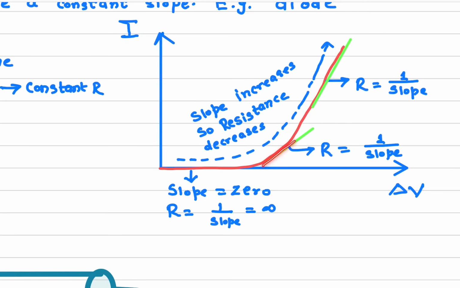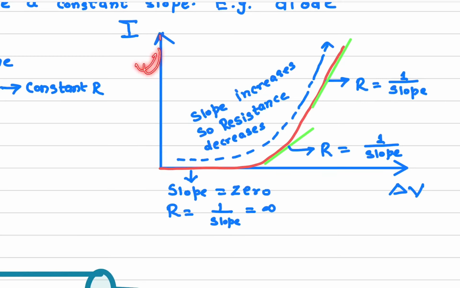So at any point, the inverse of the slope of this line gives you the resistance value. Here the slope is 0, so if I take the inverse it will be infinity. That means the resistance is infinity. So if you have to find the resistance at any value, you have to use 1 over slope.